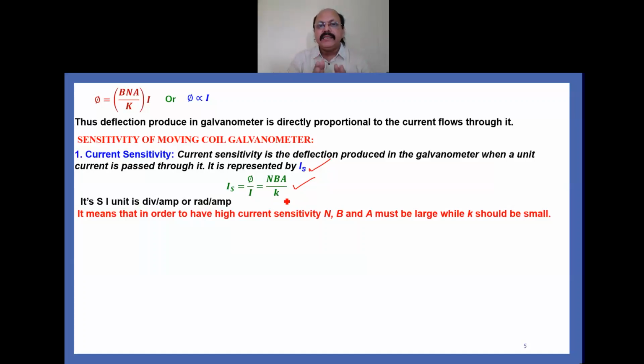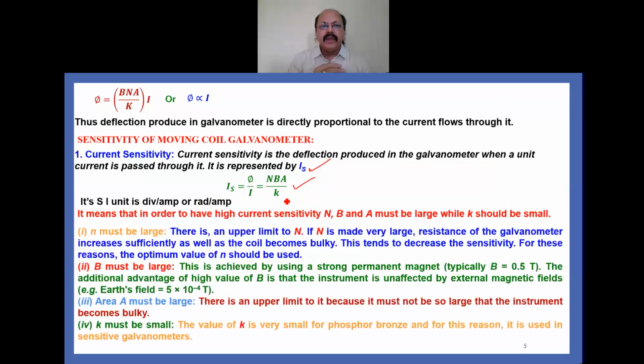But there are some limitations. The first limitation is that this is capital N. When we increase the number of turns of the coil, then what happens? Then the resistance of the galvanometer also increases. It means the length of the coil increases, and the resistance is directly proportional to the length.